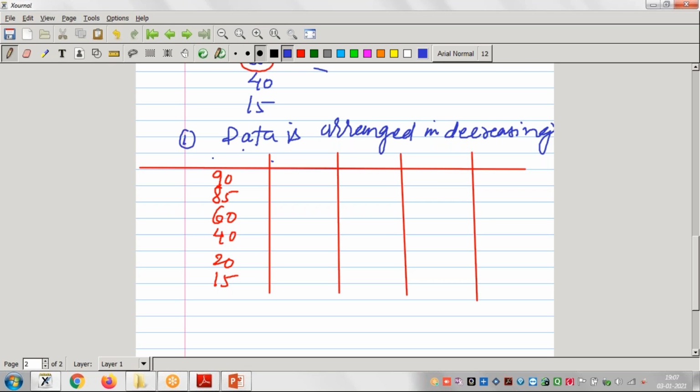So first of all, we arrange this Q, in meter cube per second, in decreasing order.